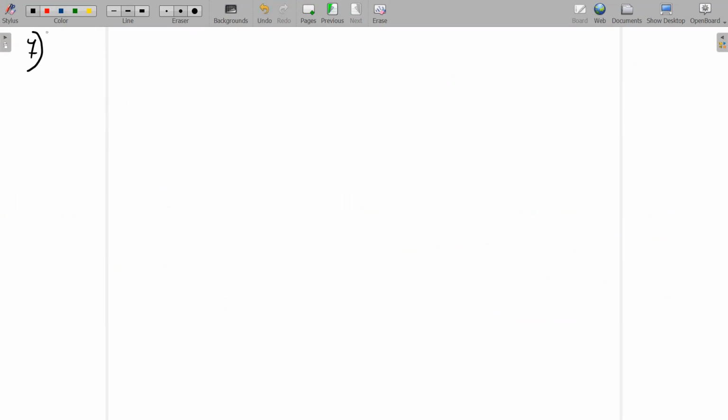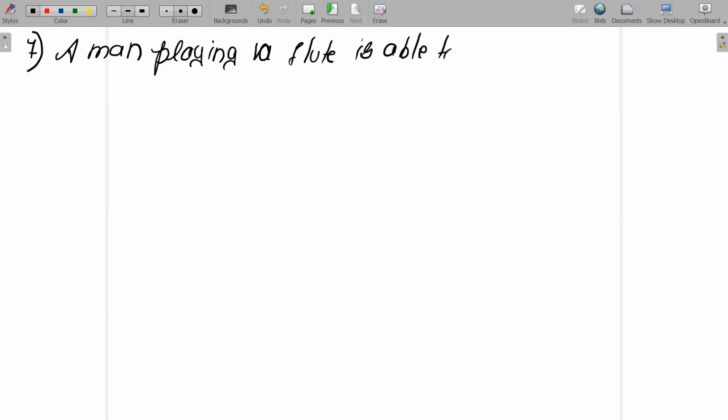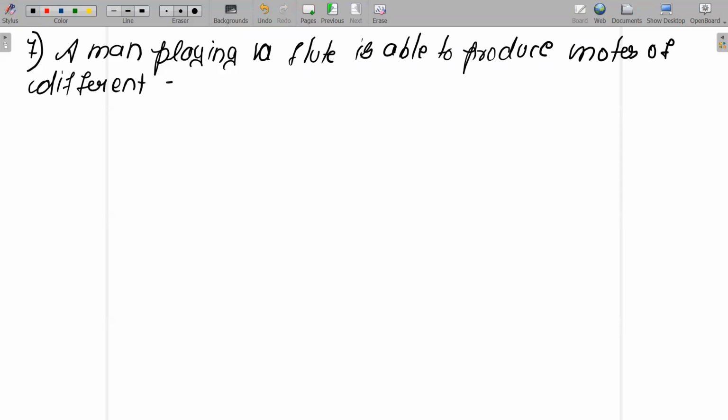7th question. A man playing a flute is able to produce notes of different frequencies.